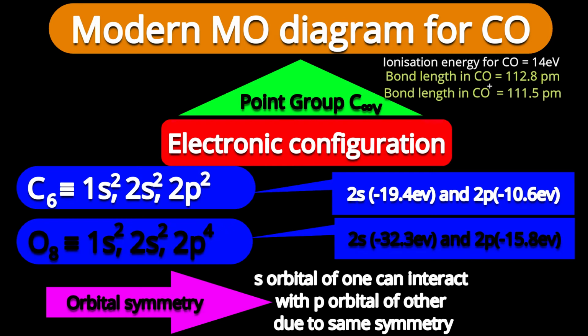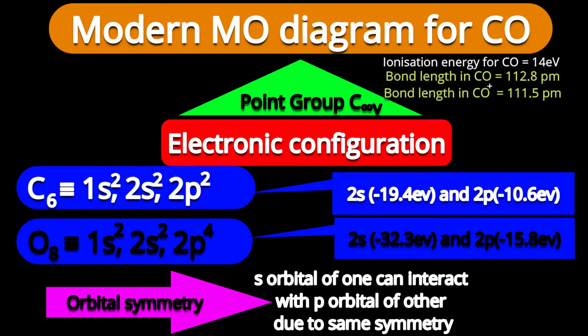Before actually studying the molecular orbital diagram, let us pay attention to practical observation. The ionization energy for carbon monoxide is 14 electron volt, which is higher than the energy of the 2p orbital of oxygen. That is explained by the Coulson model, because one of the sp hybrid orbitals of carbon, which has higher energy, remains non-bonding, and because of that dative ability as well as ionization can be described.